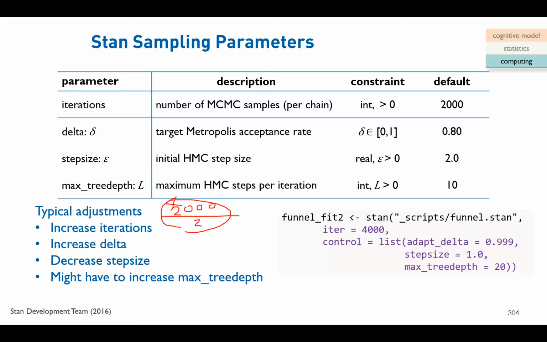If we run 4,000, then we need 2,000 to run the warm up. There's another scenario. Some of the models, if maybe the model is complex, it might take longer for Stan to find out internally the optimization. So in that particular case, what you can do, sometimes I do this.